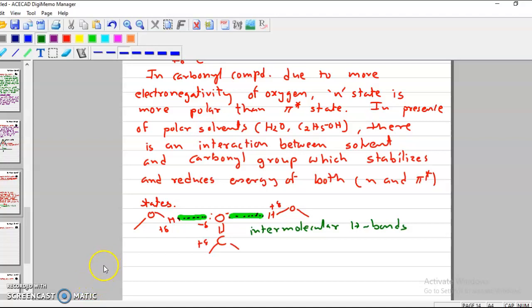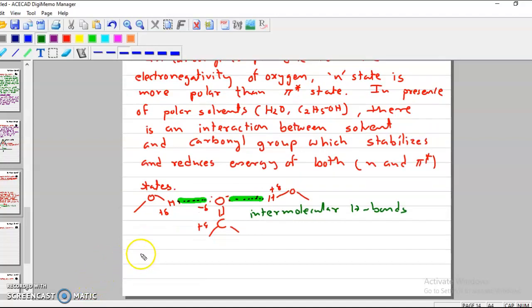And therefore, stabilization of the n state as well as the pi star state is possible, because of the interaction between the n state and the hydrogens of the solvent.